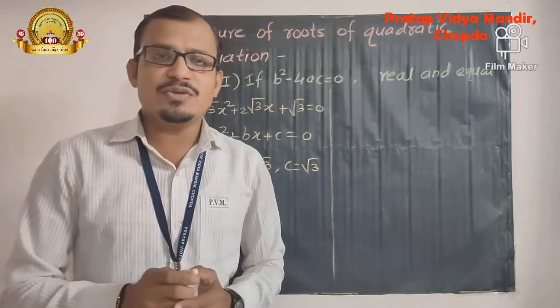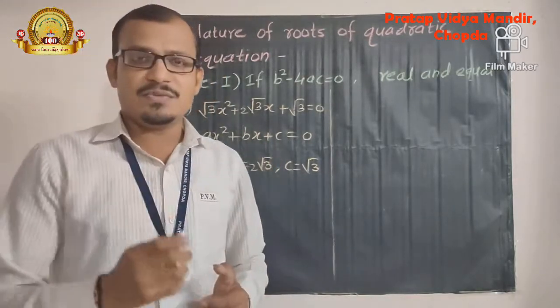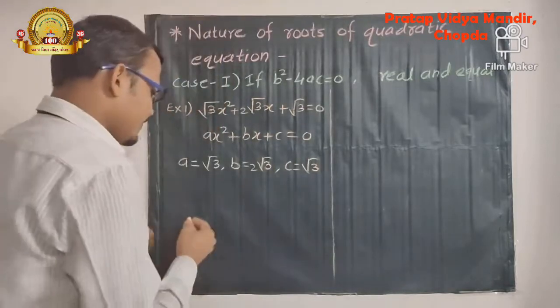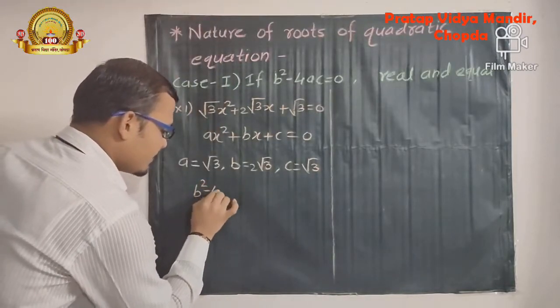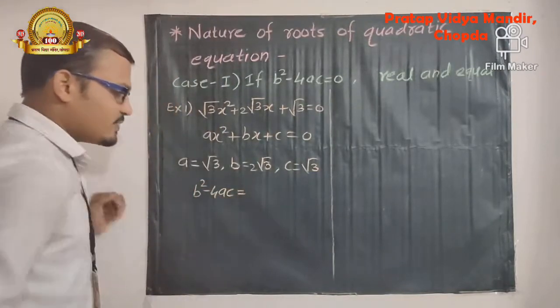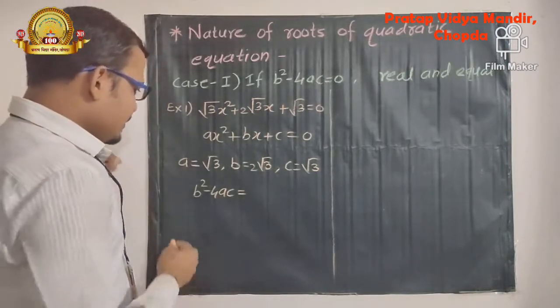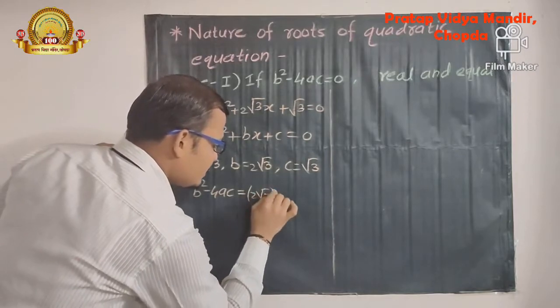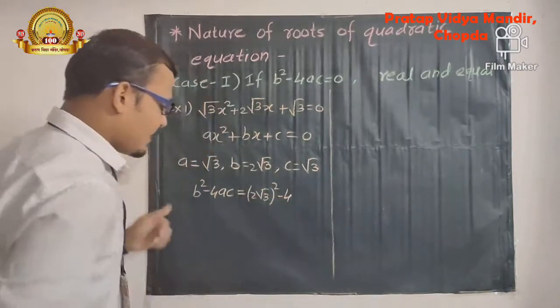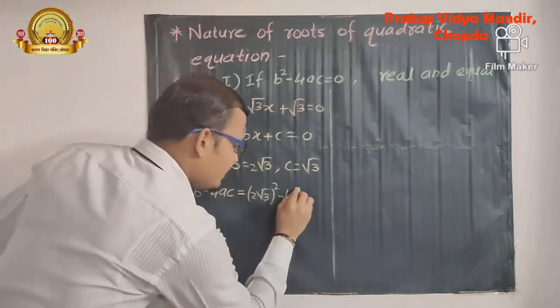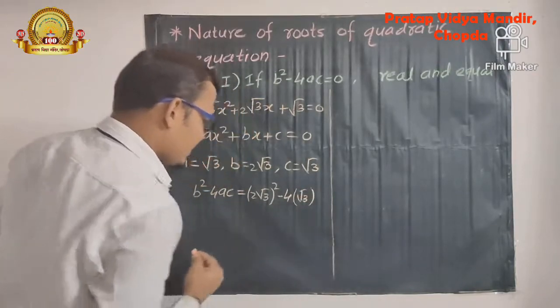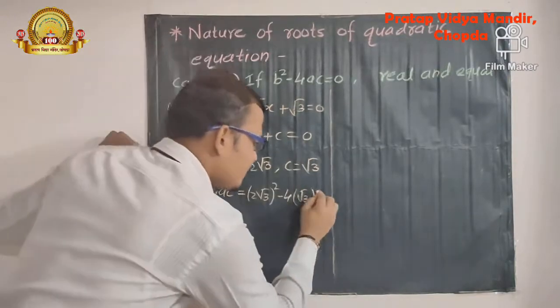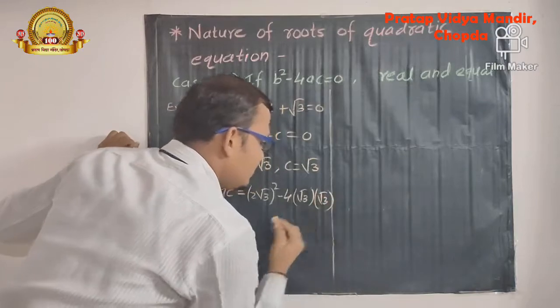Now to find the solution of this quadratic equation, first we find the value of b square minus 4ac. Put the value of b, 2 root 3 square, minus 4 as it is, the value of a is root 3, and the value of c is 3.